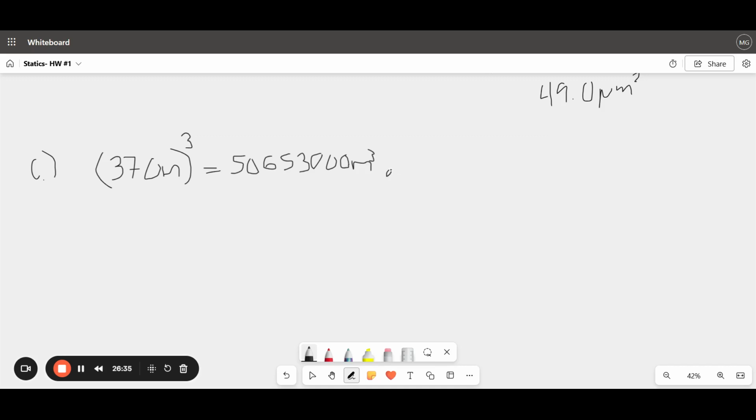And we're going to again take a standard conversion and we're going to cube it. So in this case, not square it, cube it. That's going to make sure that our units are correct and make sure our final answer is accurate. So 1 kilometer is 1,000 meters. And we're going to cube it.